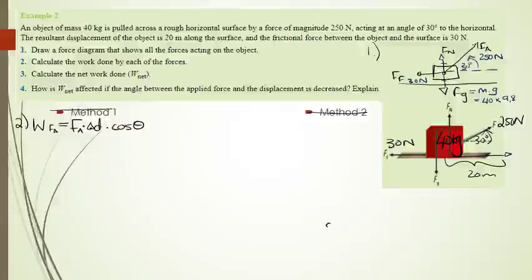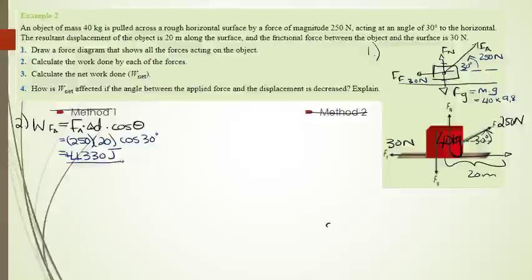So I can substitute these values in. It's 250 times the distance that it's moved, which is 20 meters, cos 30 degrees. If I plug that into my calculator, I get a positive 4,330 joules. That's my one work, according to my one force.